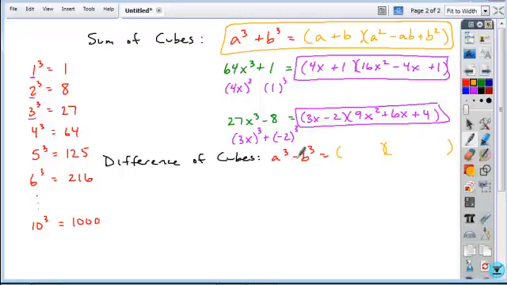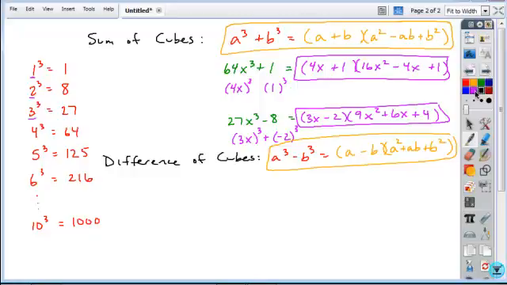Here, you just take the difference of these bases, a minus b, and then this trinomial factor is the first base squared, the last term is the second base squared, becomes a plus b squared, and then the middle term is just the opposite of the product of these. So a times a negative b is negative ab, change the sign, plus ab. The same rules hold true. I mean, you can see you can use it either way. I just prefer to work with one rule rather than two different rules.